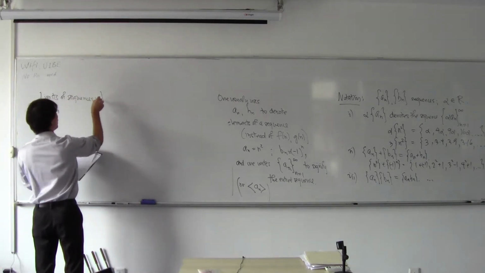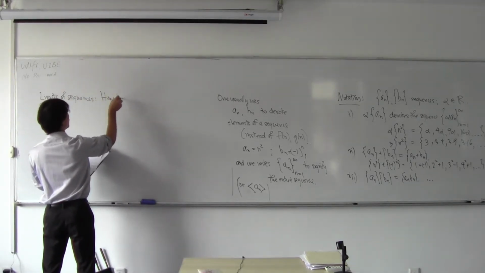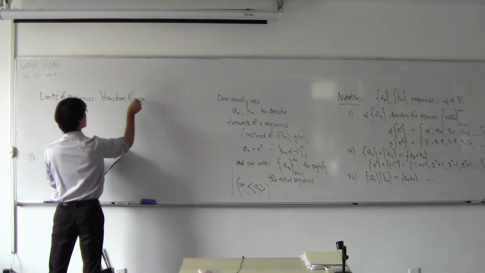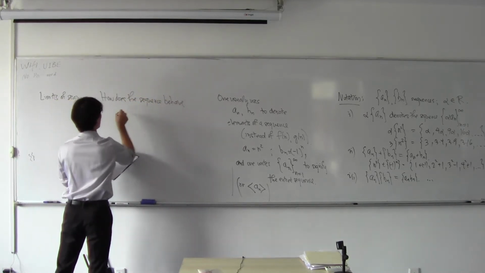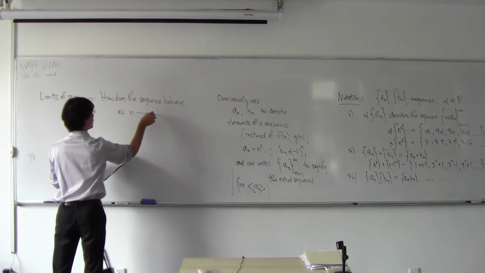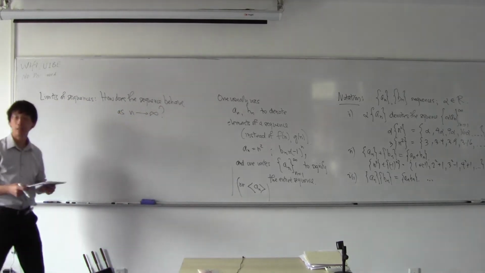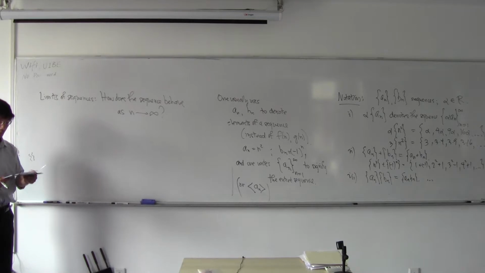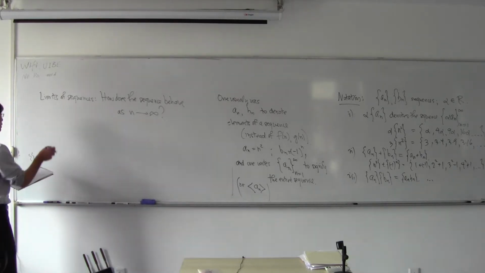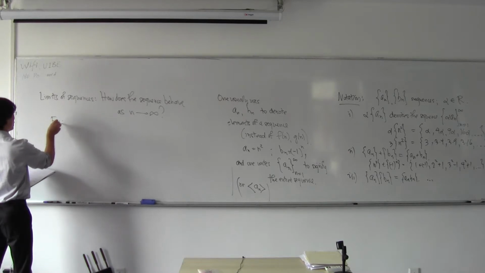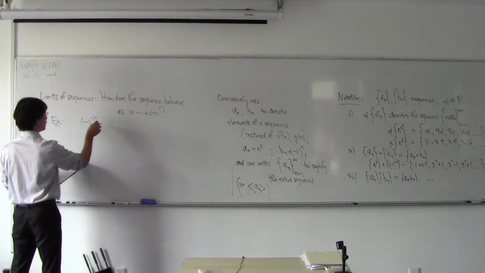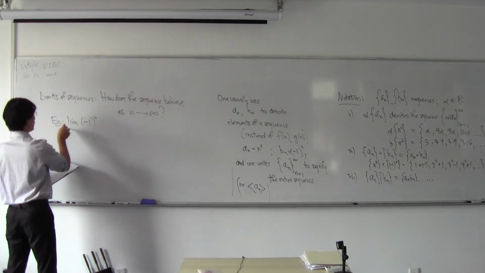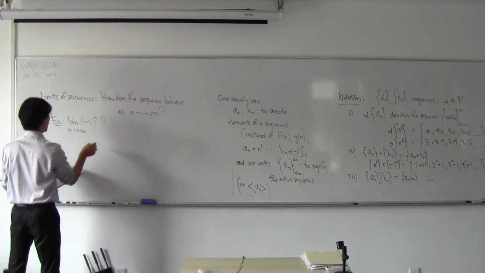How does the sequence behave as n goes to infinity? So, for example, if you're thinking like -1 to the n, as n goes to infinity, what happens to it?